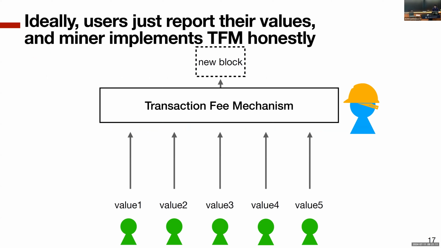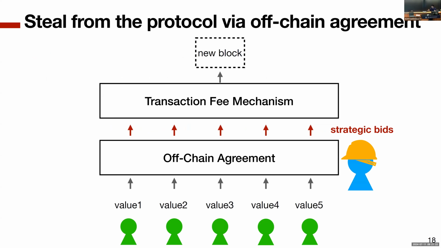Ideally, all the users should just report their true value to the transaction fee mechanism, and the miner implements it honestly. However, if the mechanism has a loophole such that the miner wants to post an off-chain agreement, the off-chain agreement says, hey, all users, let's sit down and discuss what is the best way to submit the bid.